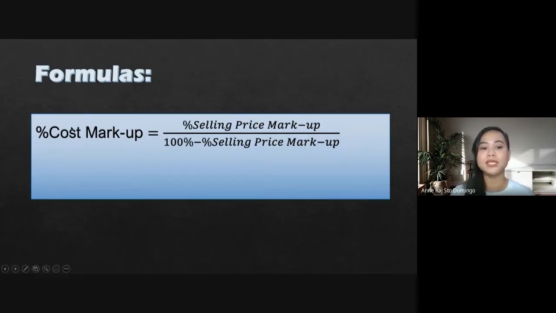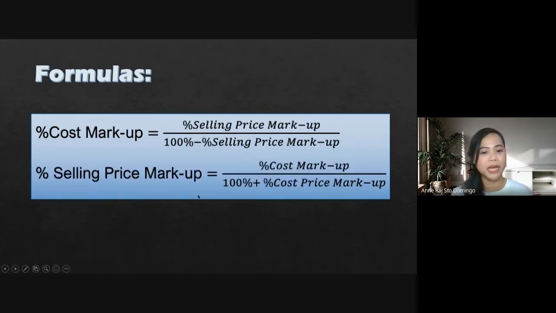To get the percent markup rate on cost, we need the markup rate based on selling price over 100 minus the markup rate based on selling price. And vice versa, when looking for the markup rate based on selling price, we divide the markup rate based on cost by 100 plus the markup rate based on cost. When we manipulate the equation, this is what comes out. This is the derivation.